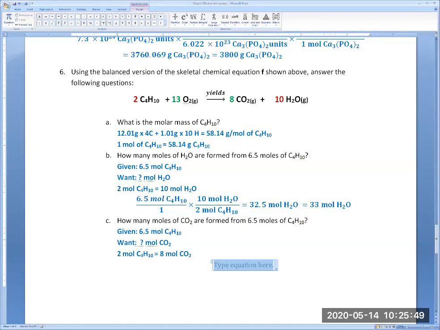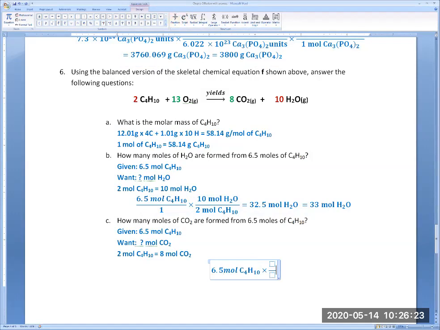So then you start your equation with the given amount of moles of C4H10. Multiply by the conversion factor.